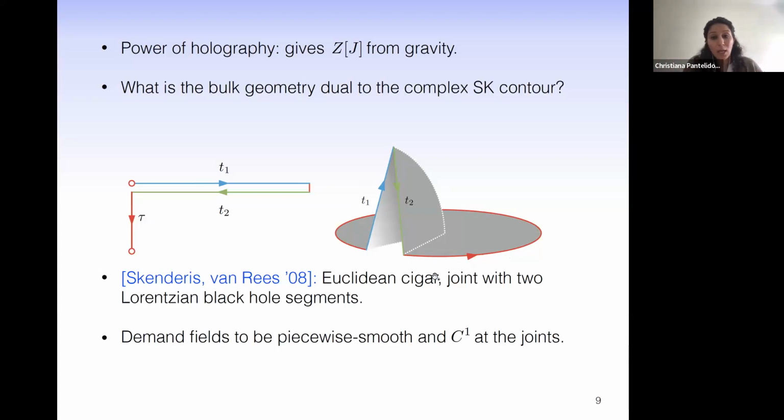And not just that, they also said that one needs to demand that this piecewise geometry is smooth and C1 at the joints. So these three pieces, this piecewise geometry, need to obey some conditions on these dashed lines that indicate the matching points. And those conditions are precisely smoothness and C1.